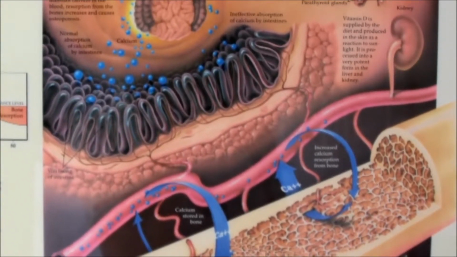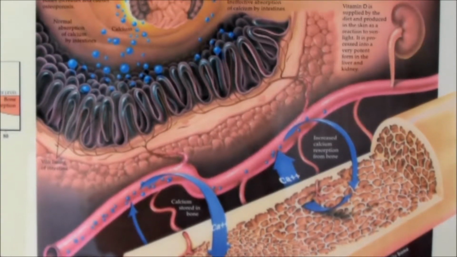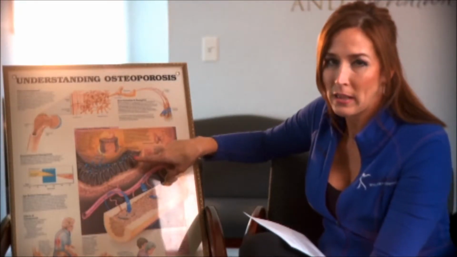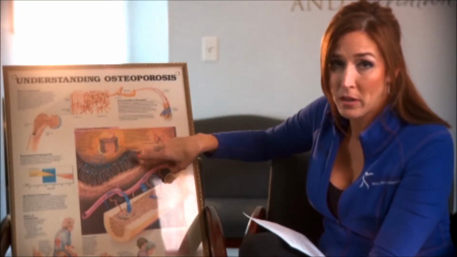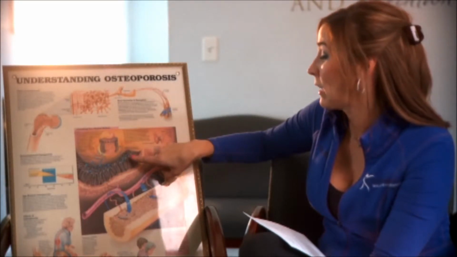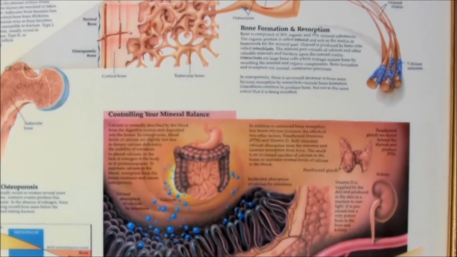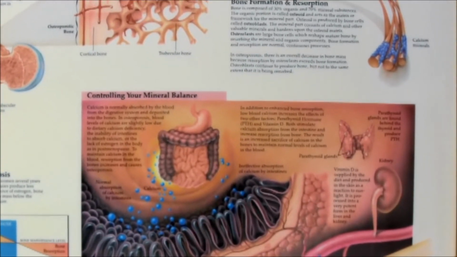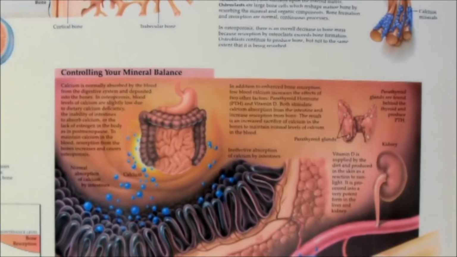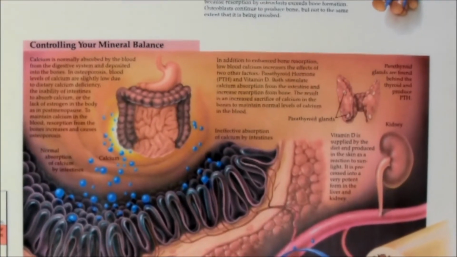Why does that happen? A couple things. Number one, estrogen is produced at a lesser rate. Testosterone for males is produced at a lesser rate. As we age, hydrochloric acid is produced at a lesser rate. Hydrochloric acid breaks down calcium and helps it get resorbed back into bone.